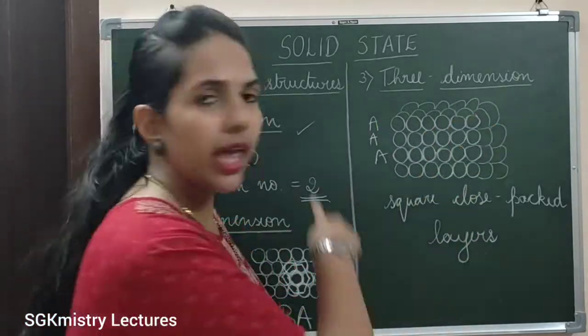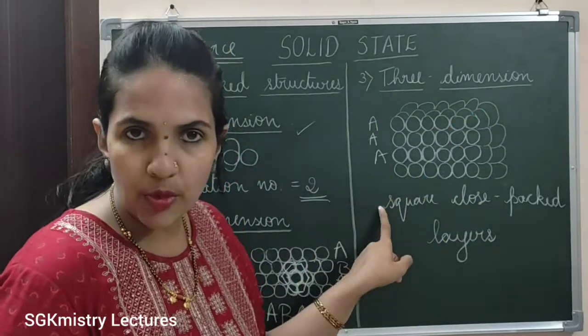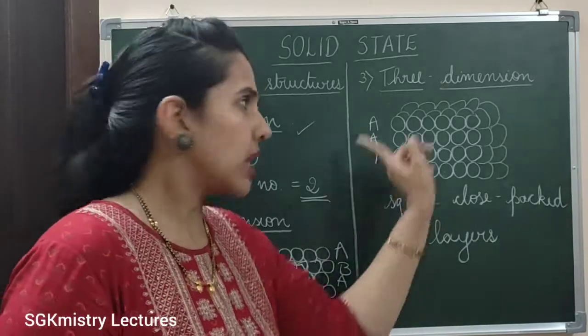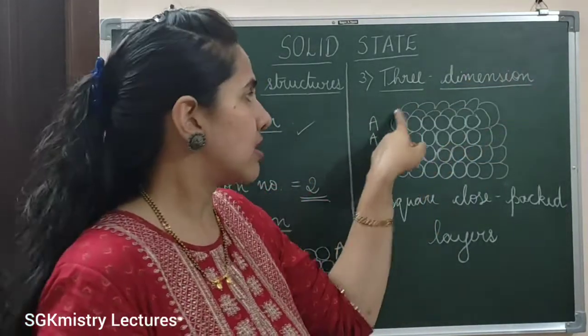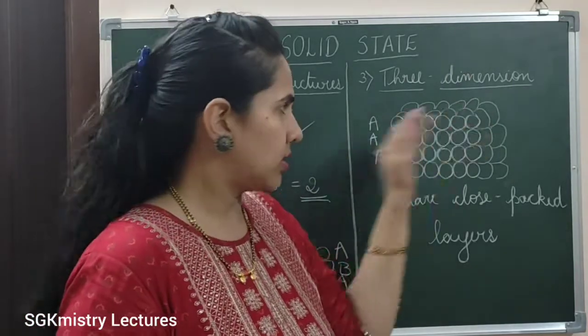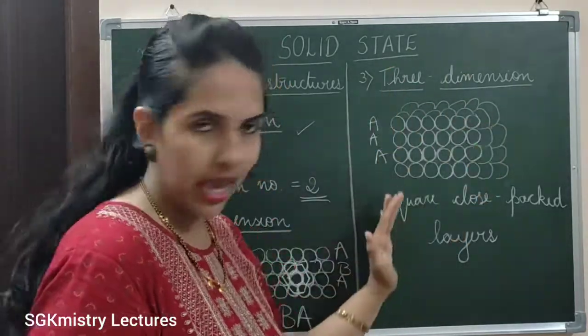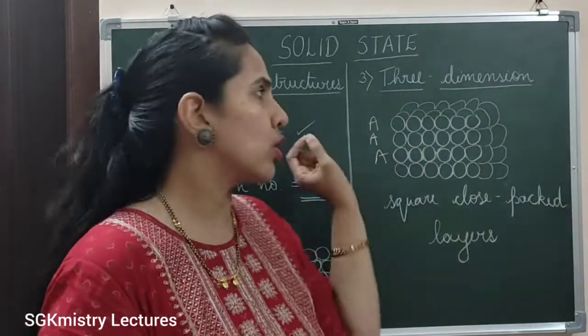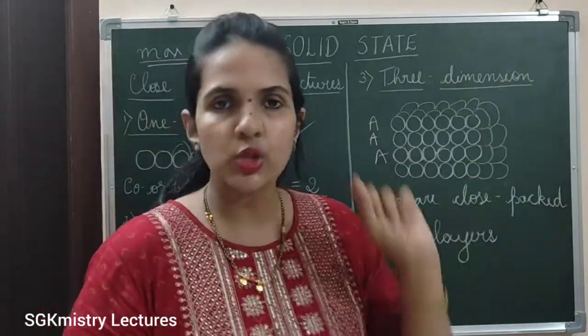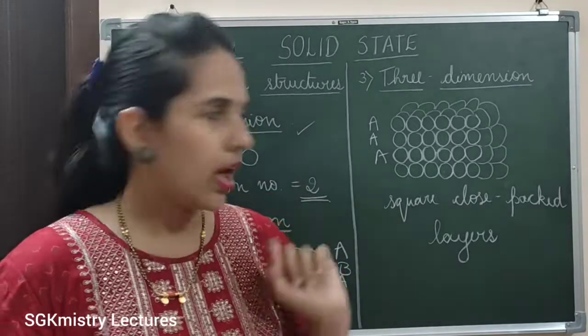So overall the arrangement is AAA type of arrangement in this way, as well as if you go through the other side, one below the other, that is AAA type of arrangement, or one behind the other, it is the same type of arrangement, that is AAA type of arrangement.